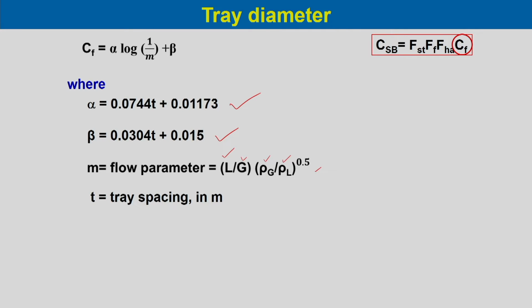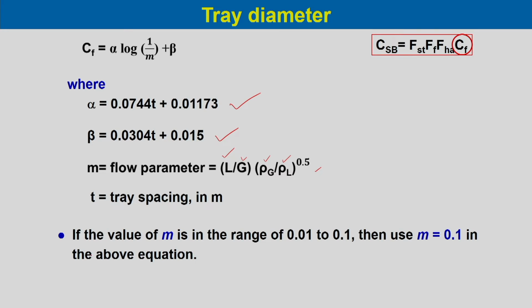T is the tray spacing in the equations of alpha and beta, in meters. The value of m is in the range of 0.01 to 0.1, then use m equal to 0.1 in the above equation. So, we can use 0.1 as the extreme case.